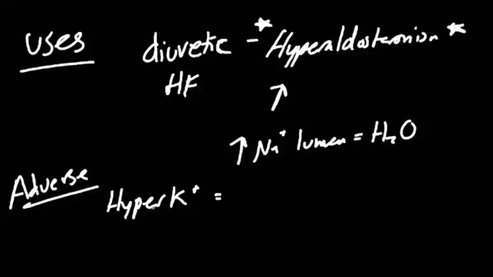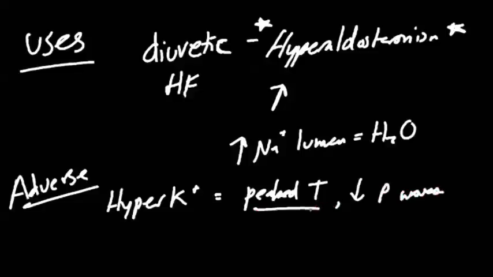So in a patient with hyperkalemia, you could possibly get peaked T waves on EKG. That's a sign of hyperkalemia. Also, you may have absent or diminished P waves. That's a hallmark. Peaked T is a sign for hyperkalemia, while decreased P waves is also an indication for hyperkalemia.